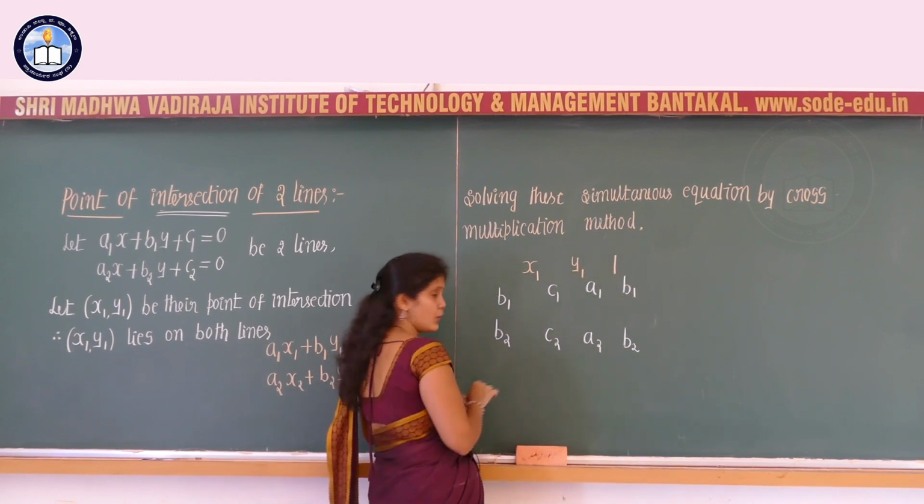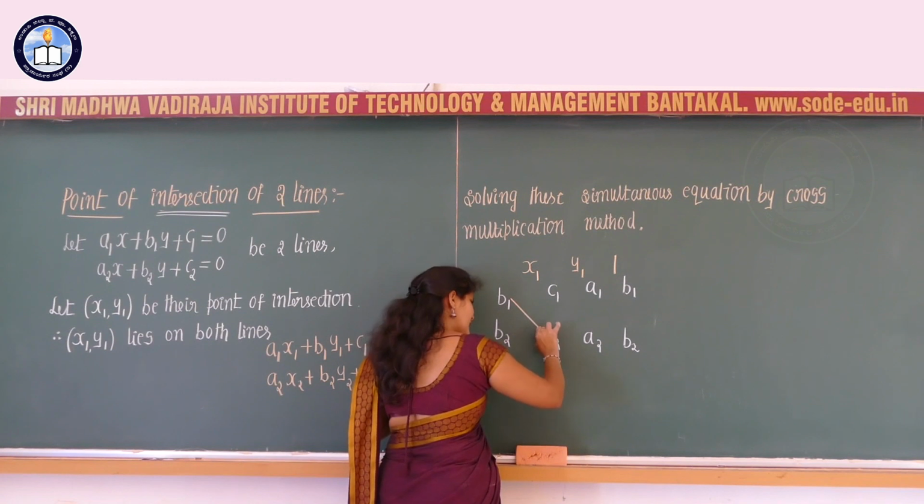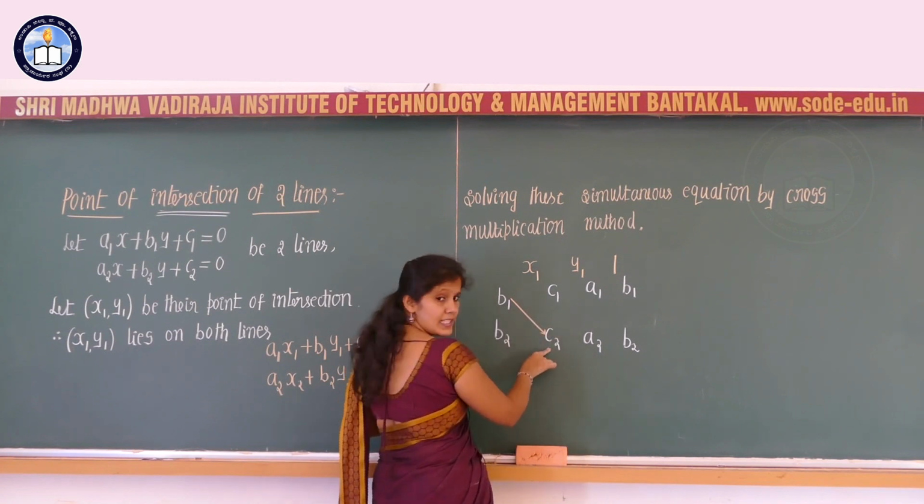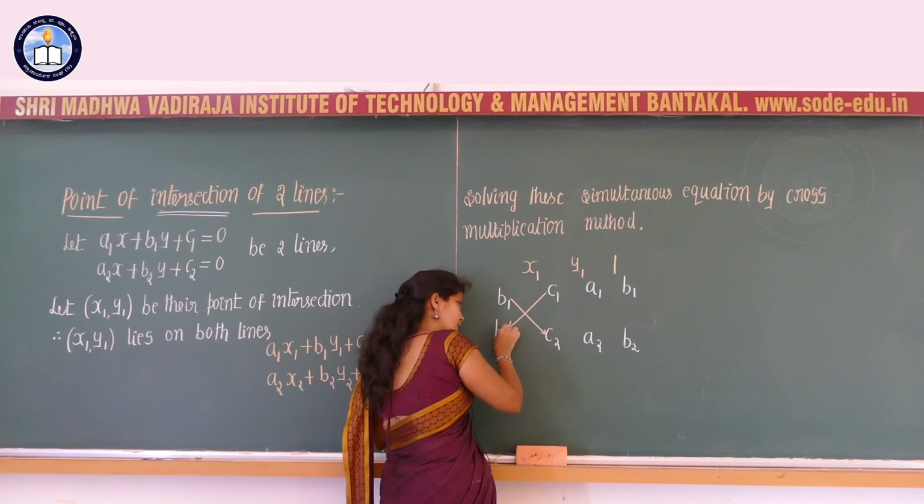In order to get the value of x1, we are cross multiplying, that is b1 into c2 minus b2 into c1.